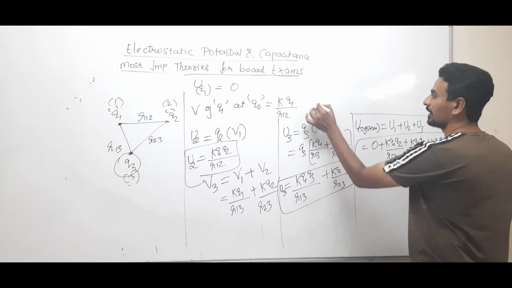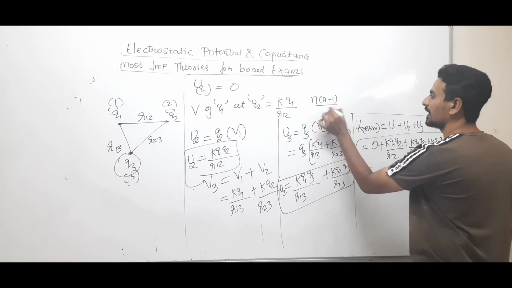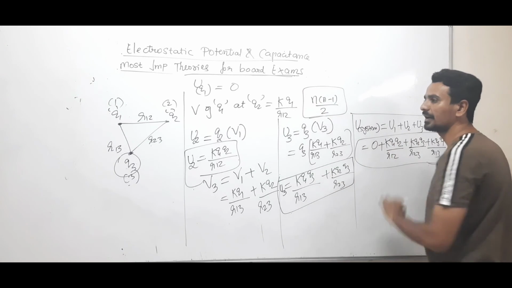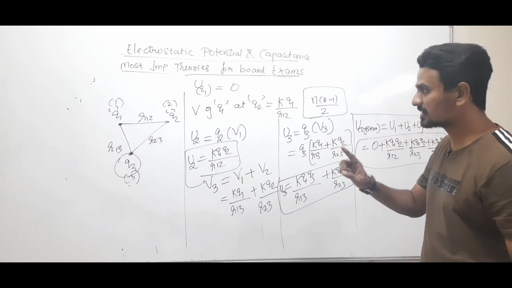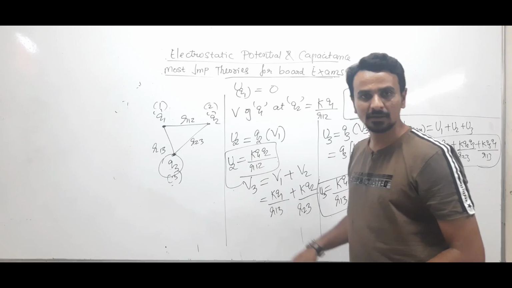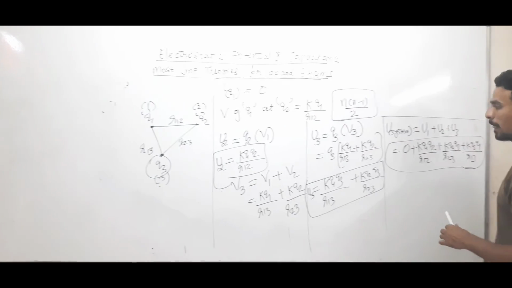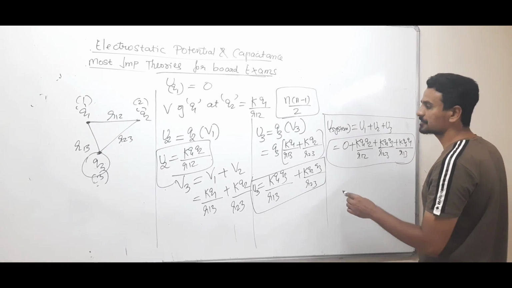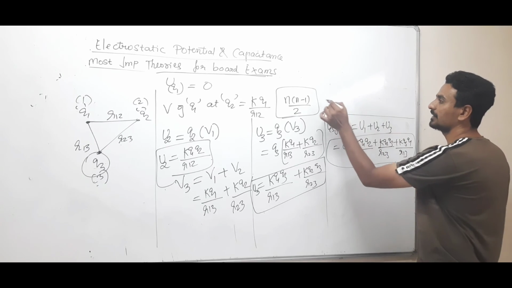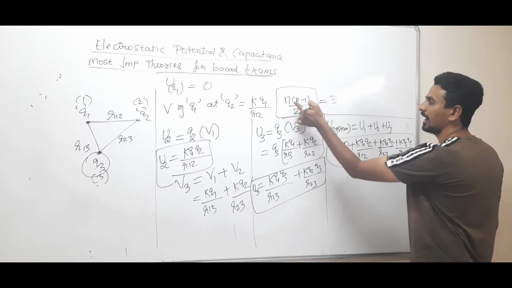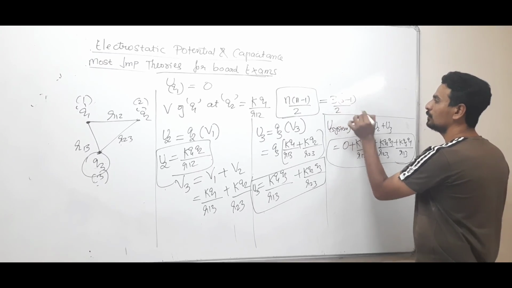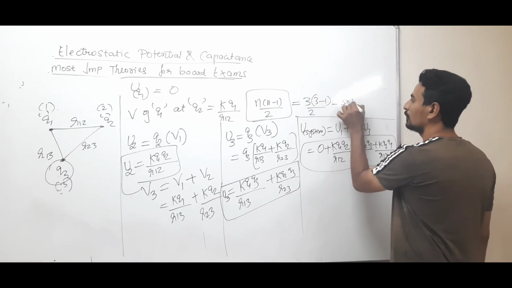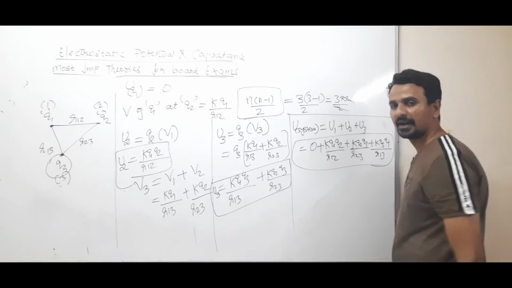You can have this many pairs: n into n minus 1 by 2. This is the formula to calculate the total number of pairs of energy formed. Just now we had three charges, so the pairs formed are 1 plus 2, that is 3. Using the formula, n represents the number of charges, so 3 into 3 minus 1 divided by 2, that is 3 into 2 by 2, which is 3.